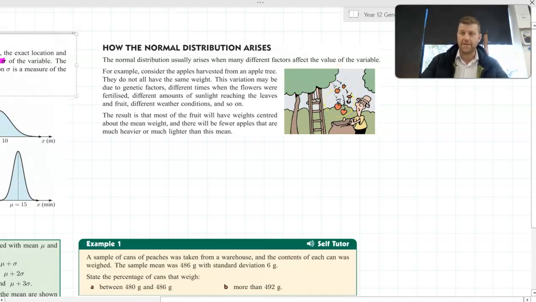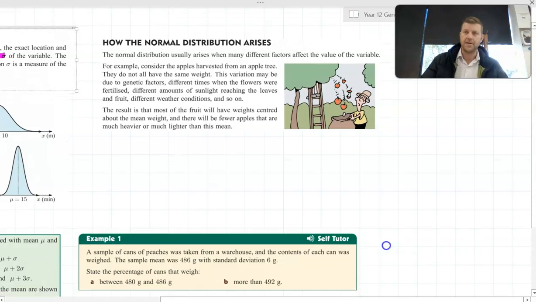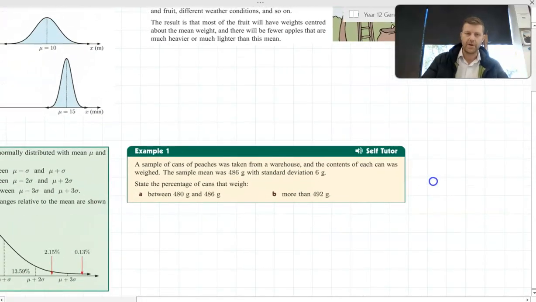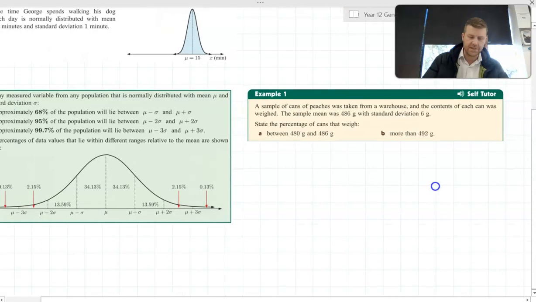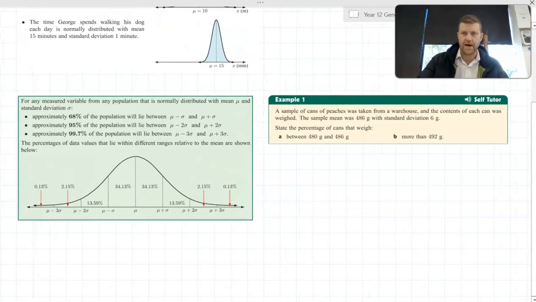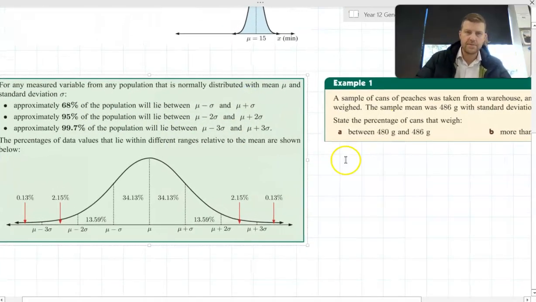Now, if we have the mean and the standard deviation from a set of data, we can work out what percentage of data falls between certain values using the 68, 95, and 99.7% rule. Basically, what that says is that if the data is normally distributed, 68% of the data will lie between the mean take one standard deviation, and the mean plus one standard deviation.